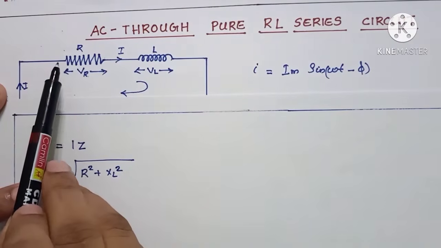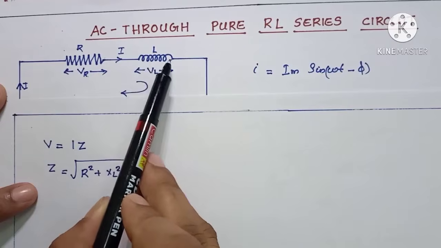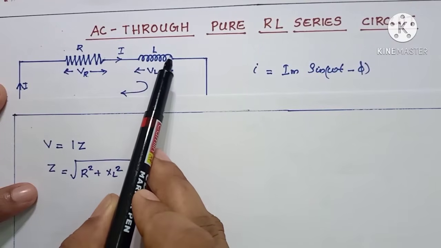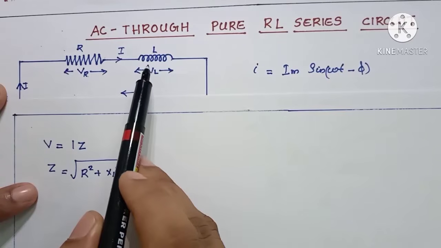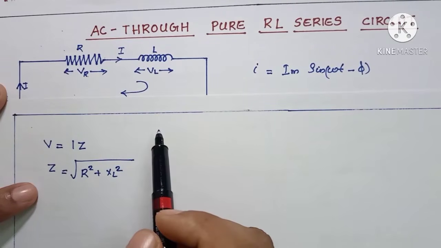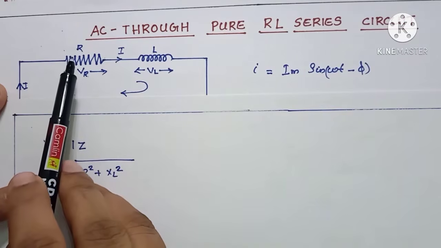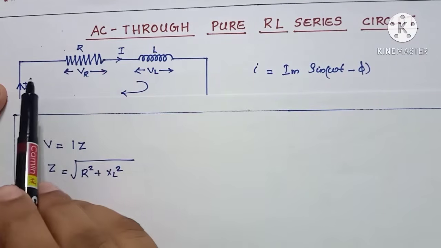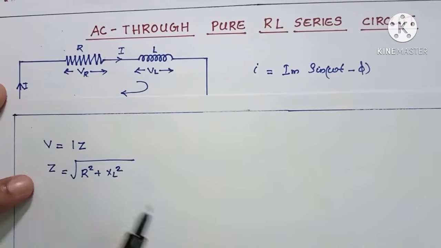It includes the resistance of the resistor and the reactance of the inductor, that is inductive reactance XL here. So impedance is nothing but the net or total opposition offered by this series RL circuit for the flow of current through R and L.